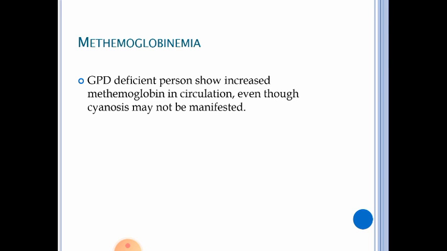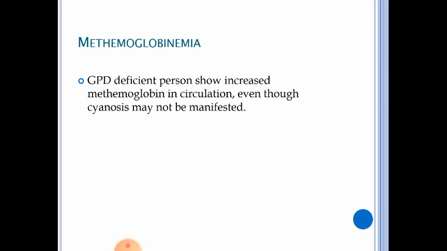Next clinical application is methemoglobinemia. G6PD deficient persons show increased methemoglobin in their circulation. Even though cyanosis is not seen, there will be methemoglobin in a higher amount in their circulation, because G6PD deficiency can lead to increased production of peroxides.